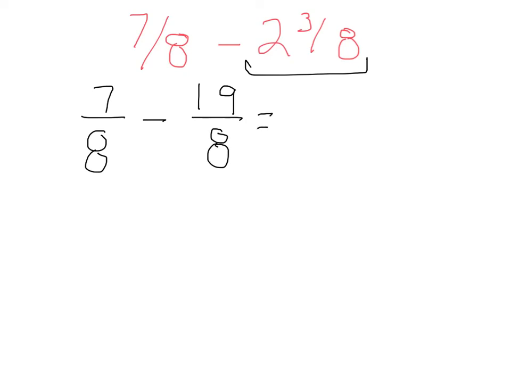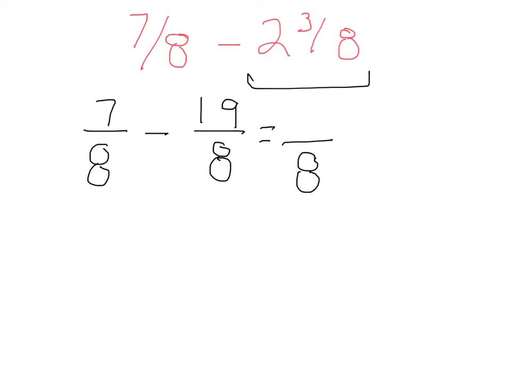So then I have 7 minus 19, because remember, even in subtraction, we keep our denominator the same. So it's going to remain as an 8. And 7 minus 19 gives us 12/8. And it's a negative because 19 is bigger and it has a negative in front of it.